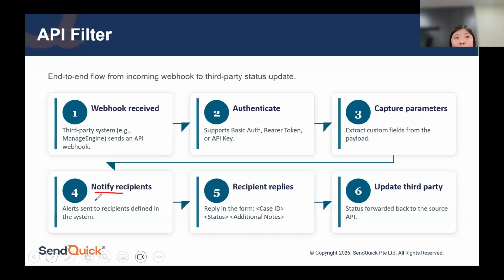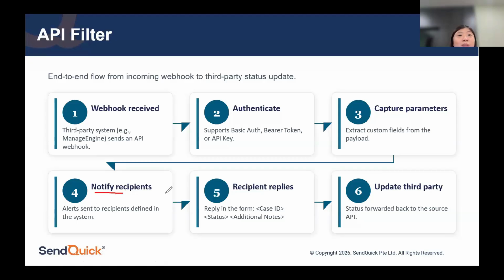You can define the API parameter. If this API parameter contains some critical info that you want to send out the alert for, then you can configure the keyword inside the configuration. So we only send out if the parameter matches the keyword.